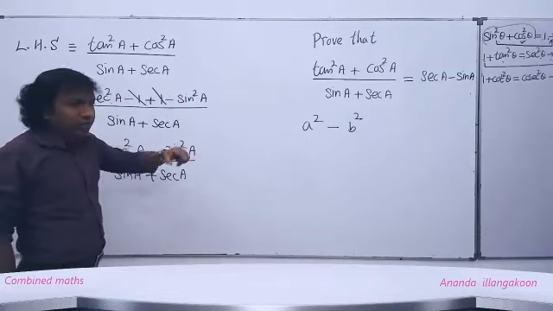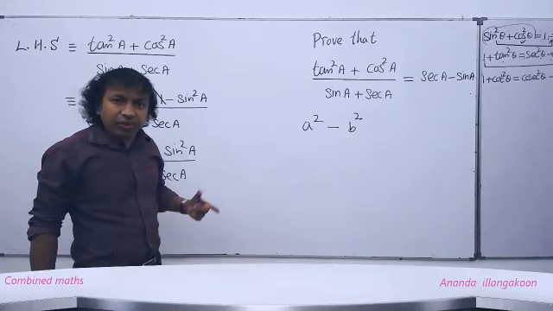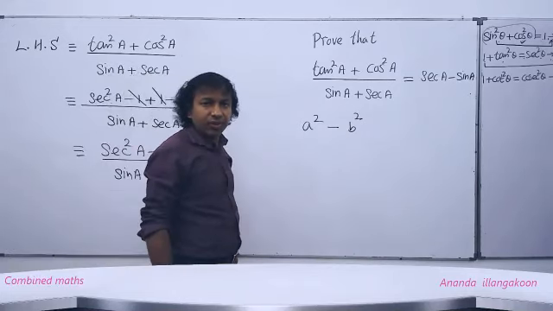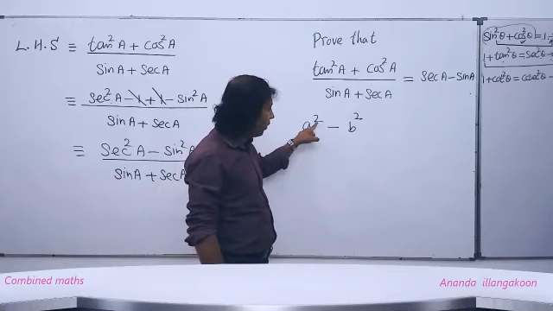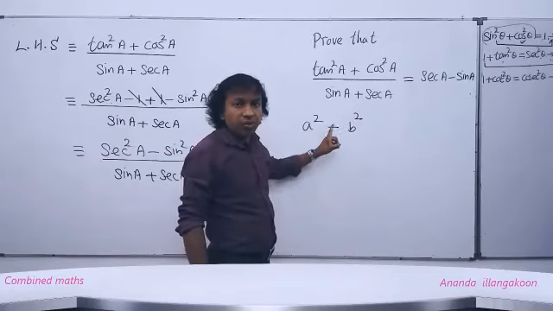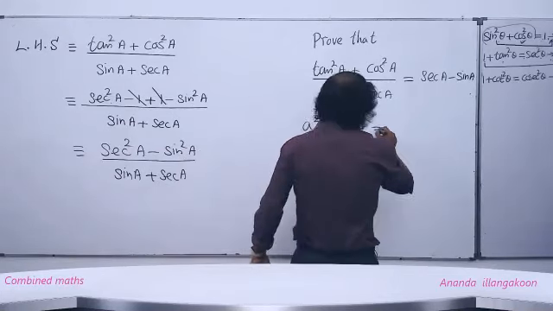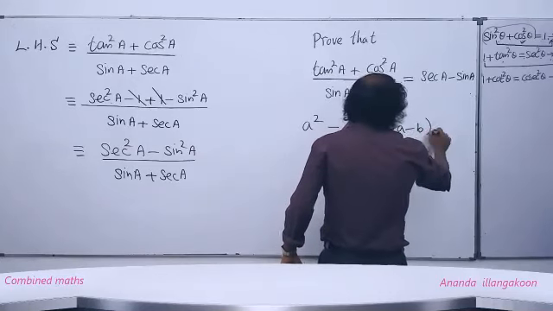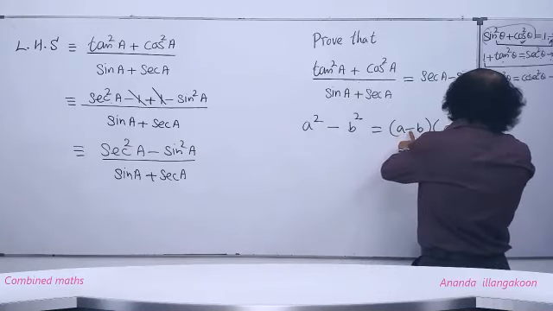But a squared minus b squared means what, people? Difference of two squares. What are the factors? First factor we can very easily obtain: we get a minus b. Second factor can be obtained by changing this to the opposite, a plus b.